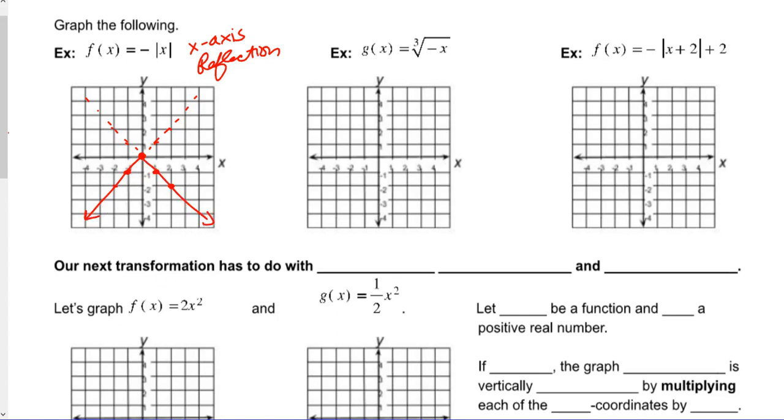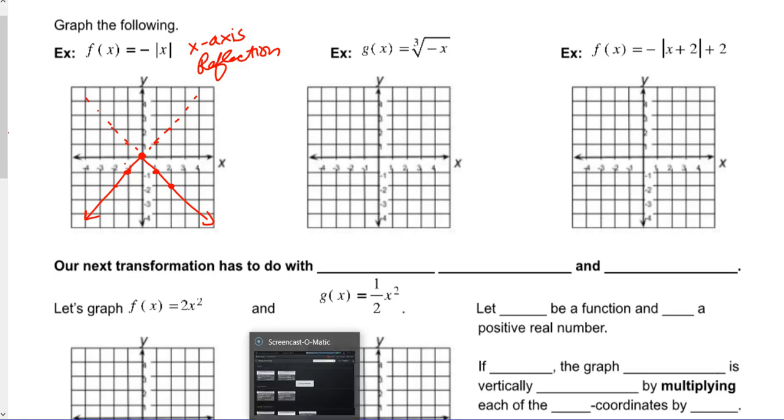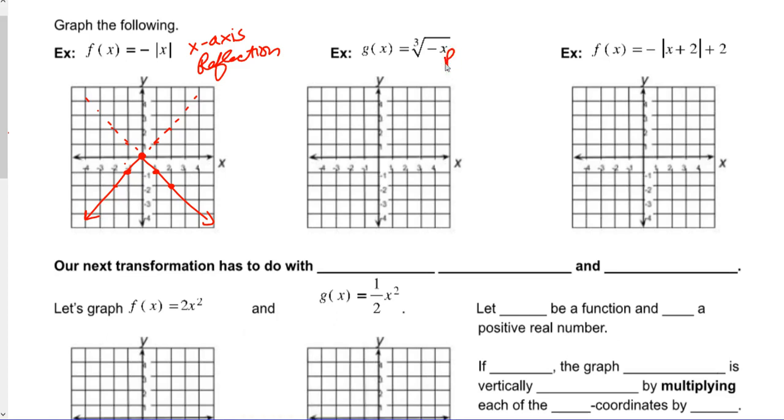Now, and by all means, you can definitely plot points on all of these, but I think the patterns are so much easier. So the solid piece here is my graph. You don't have to put the dotted on there at all. Now, what do we have here? When I have a negative x inside there, that means I have a reflection over the y-axis this time.